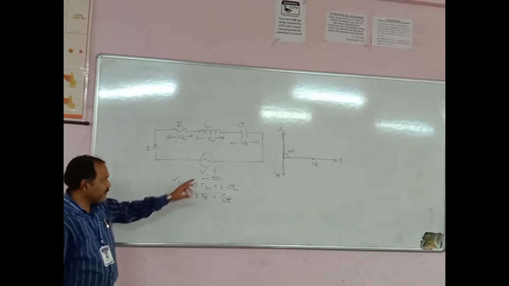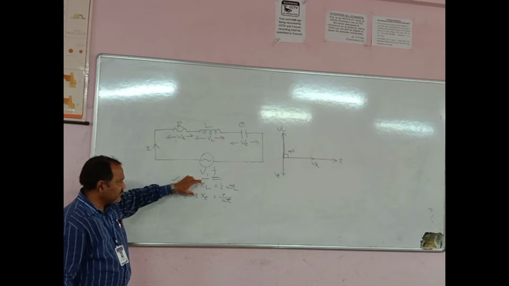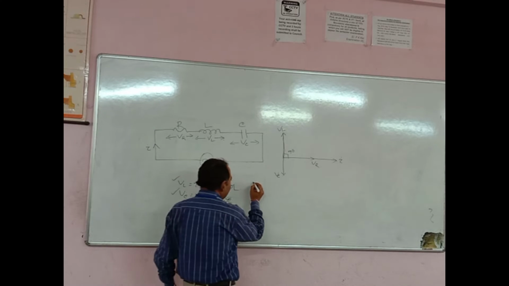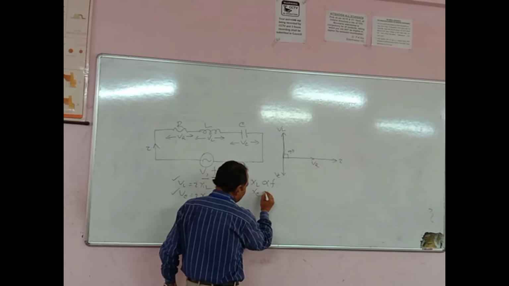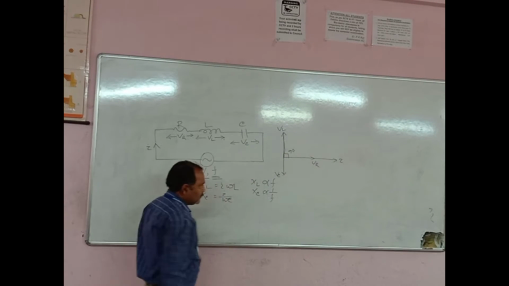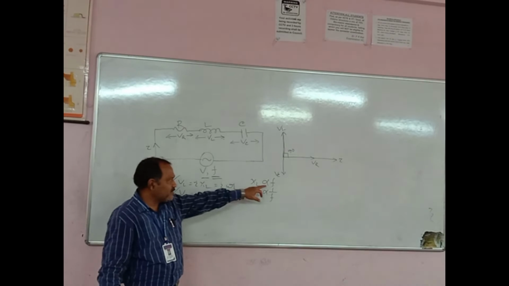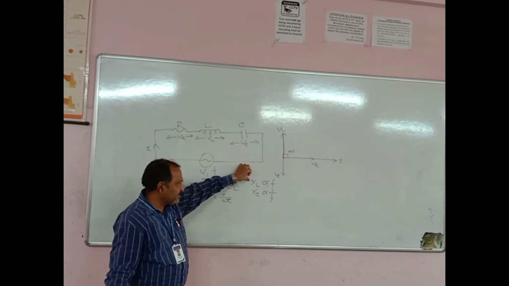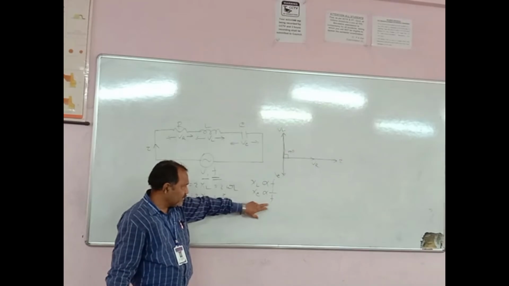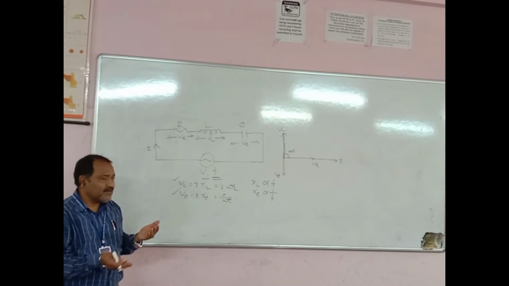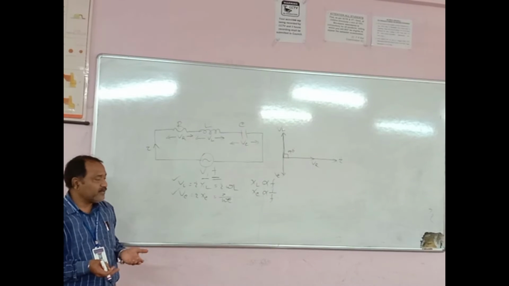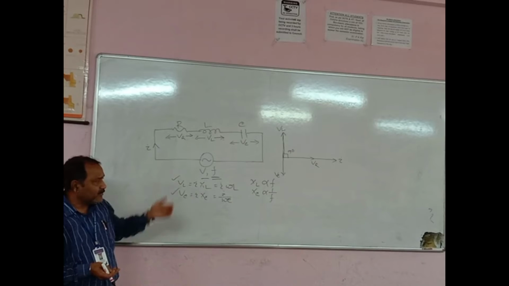When frequency increases, XL will increase, because XL is equal to 2 pi f L, directly proportional to f, and XC is inversely proportional to f. So if the frequency is increased, XL will increase and XC will decrease. During the variation in frequency, a certain stage will come when XL will be equal to XC.